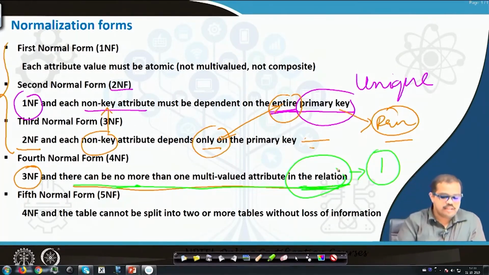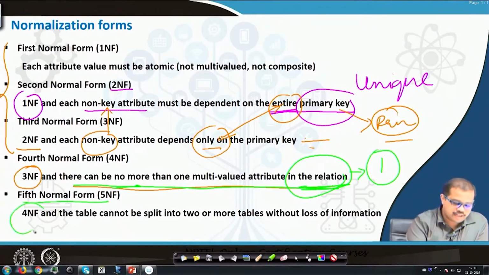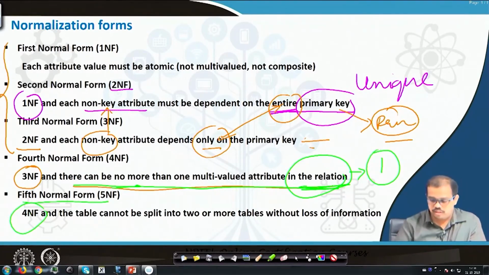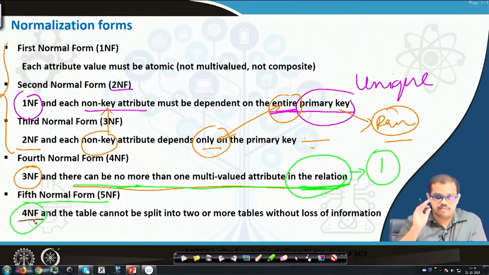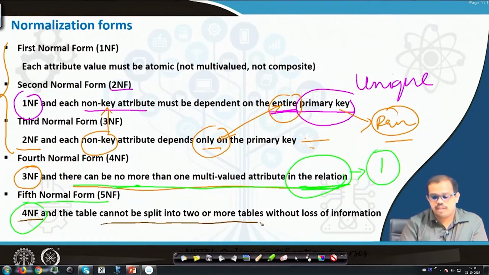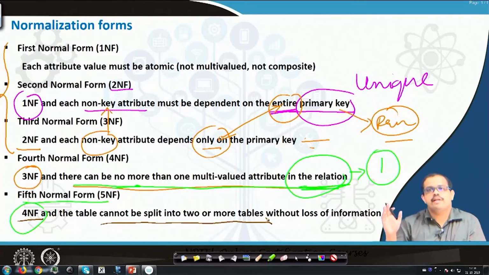The final thing is the fifth normal form. Fifth normal form again has to be in the fourth. If your data has to be in fifth normal form, the first thing is it satisfies the fourth normal form conditions. Then the table cannot be split into two or more tables without a loss of information. Okay.